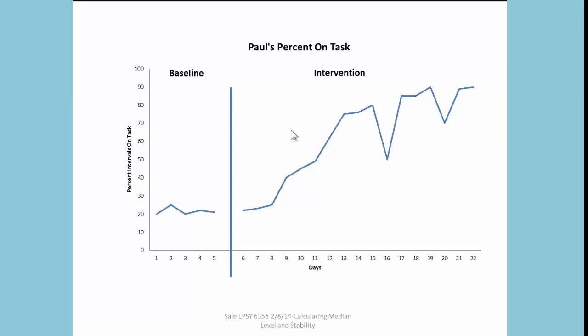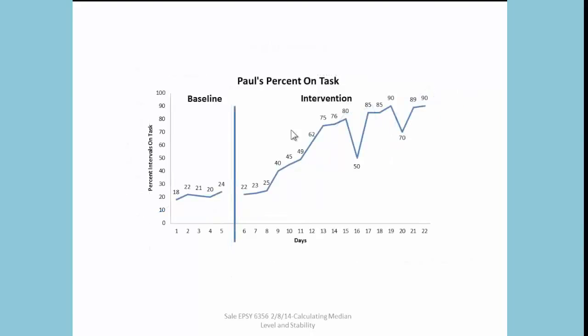Now, you're going to find sometimes that it may help you to put the numbers above the data points in Excel. And you can do this under data labels. Just put them above. I want you to take them off before you actually submit your graph.